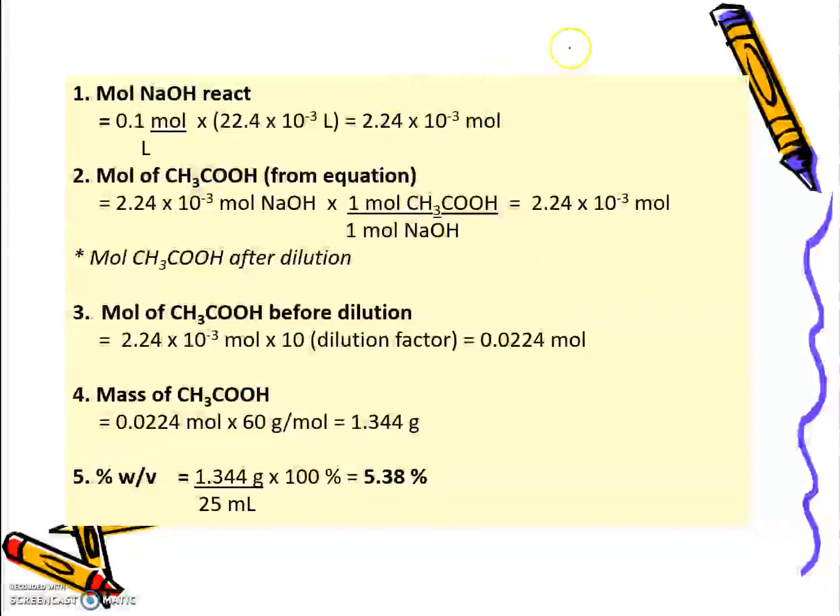Given the base as titrant, given the molarity of titrant and the volume of titrant, 22.4 ml needed to reach the endpoint. To find moles of sodium hydroxide reacted, 0.1 molar times the volume of sodium hydroxide titrant. From mole per liter times liter, the answer is 2.24 times 10 to the negative 3 mole of base.